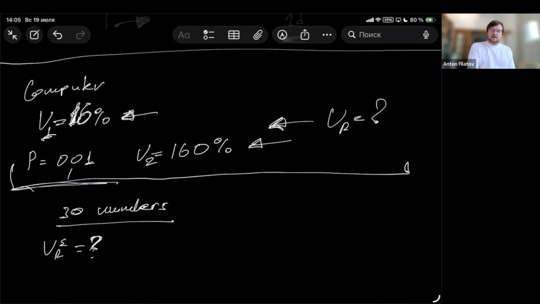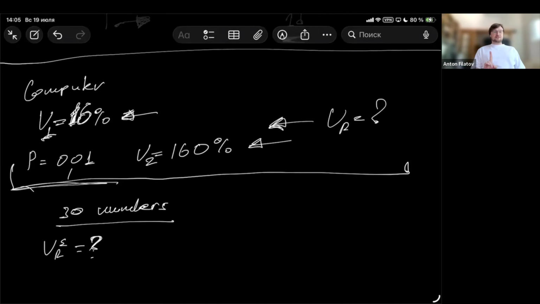So again, I'll repeat this question from the start. You have some computer that gives you numbers. This computer decides how to give you the next number; it will be infinite. First, it calculates some event, and with 99% probability, the next number will be distributed with 16 volatility.